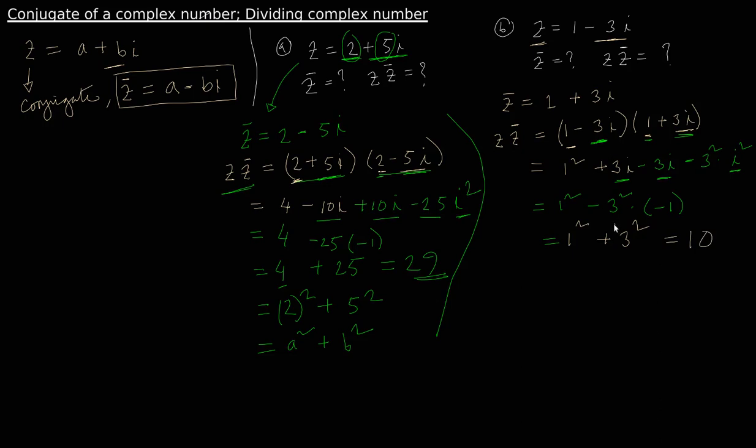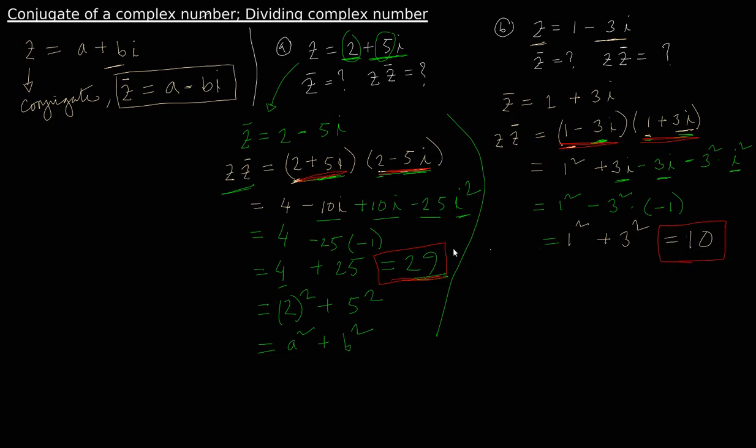The most important thing we need to take from these two problems is that whenever you multiply a complex number with its conjugate, I get a real number, with no complex part involved.